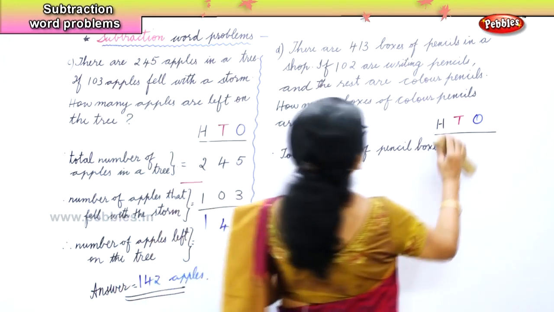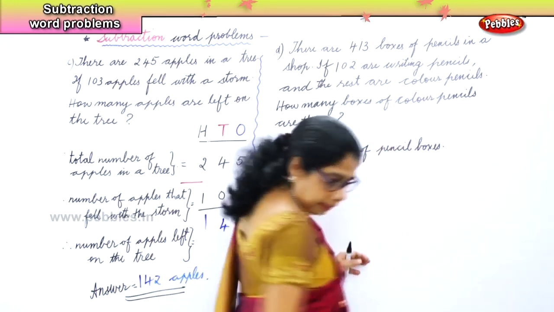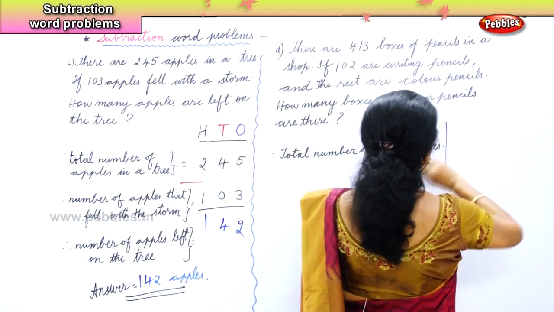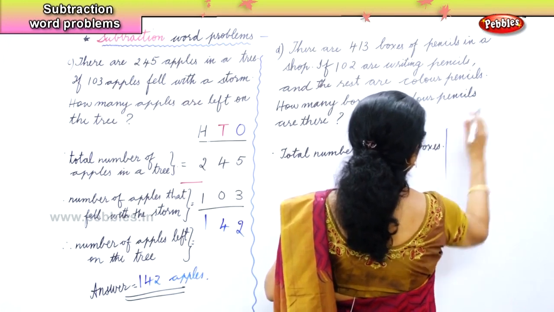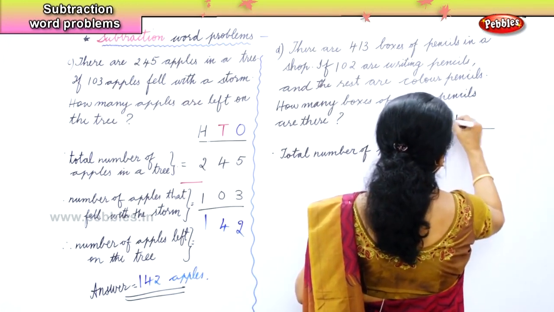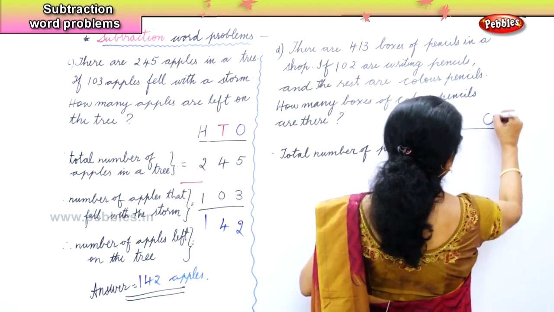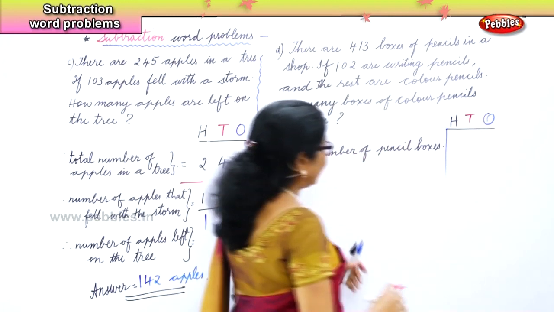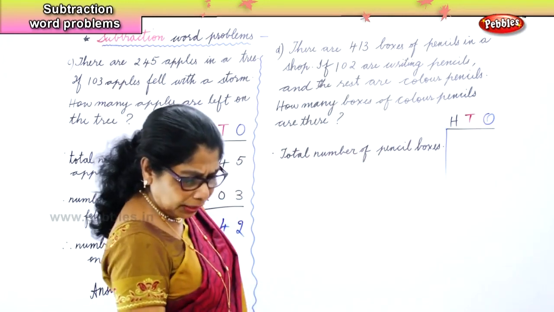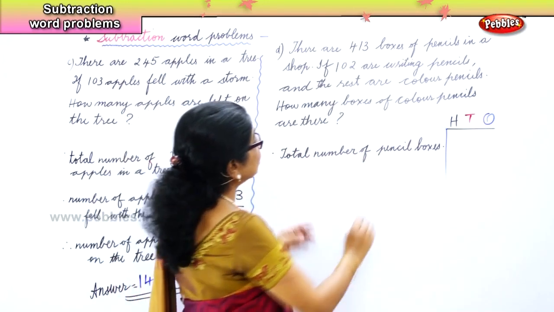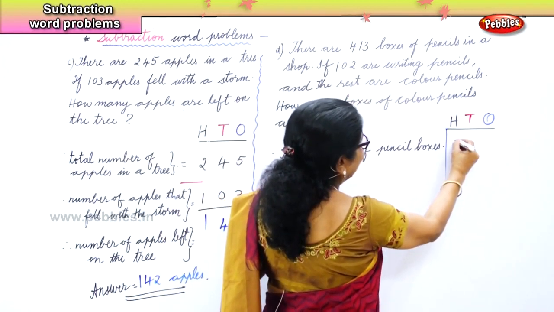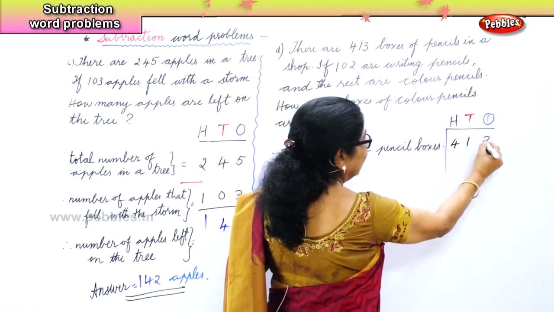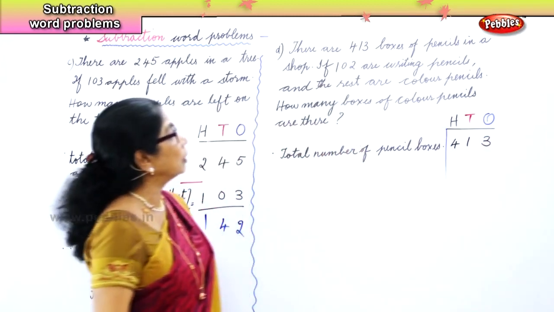The total number is 400, ones and tens. Okay. Total number of pencil boxes, 413.